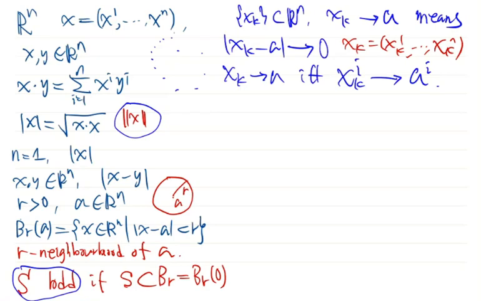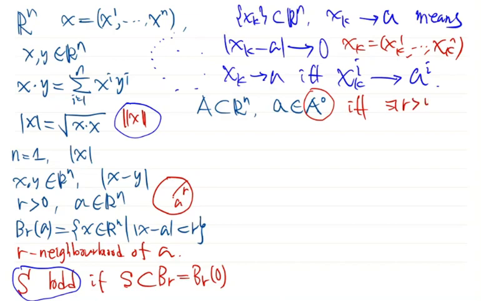Using the balls we just introduced, we also have some important topological concepts. Suppose A is a subset of Rn. We use A with a small circle on top to denote the set of all interior points of A. A small a belonging to this set means that a is an interior point. What does this mean?